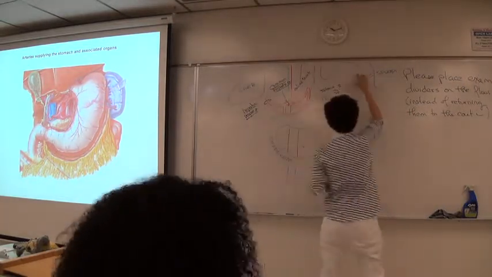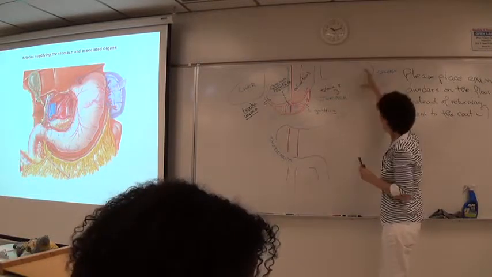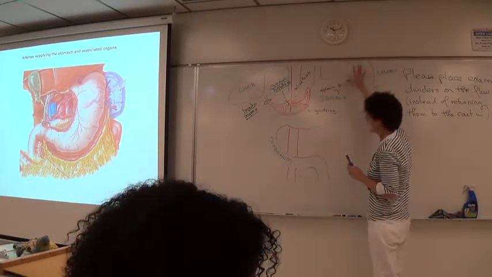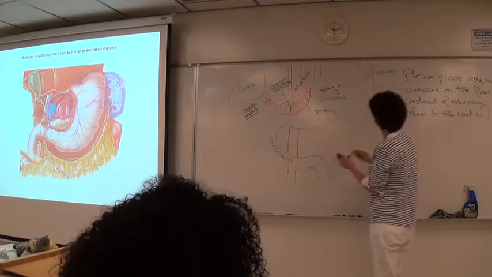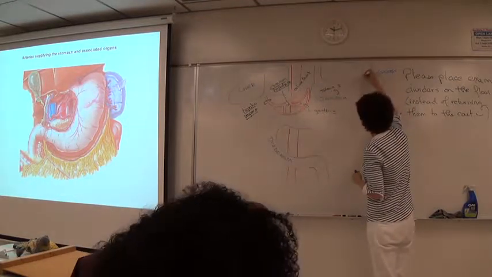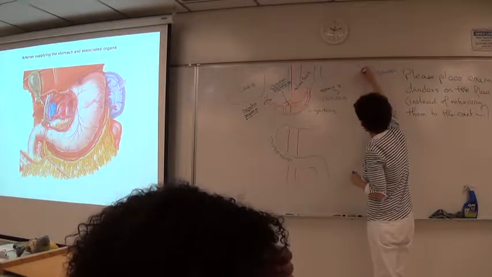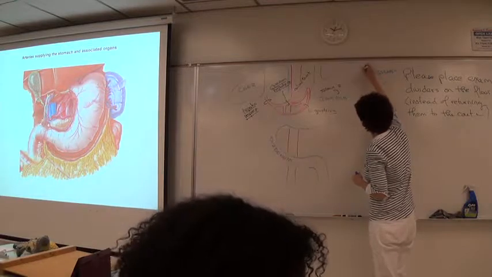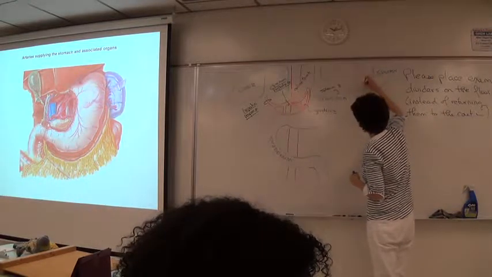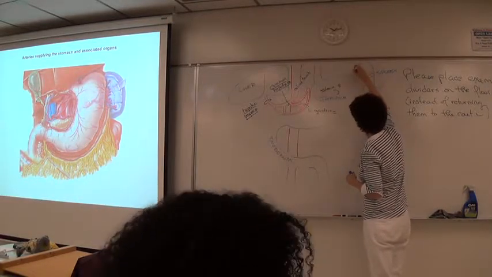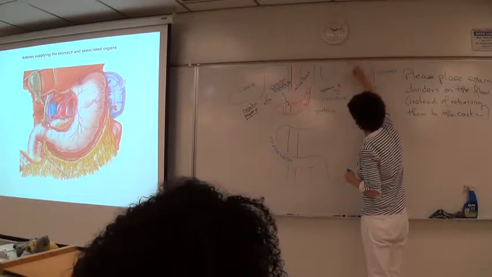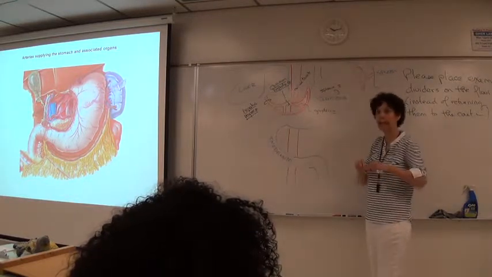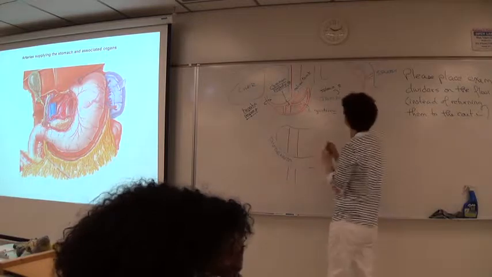Now, coming off of the splenic and covering this mound of stomach here, we have a few short vessels known as the short gastric artery.